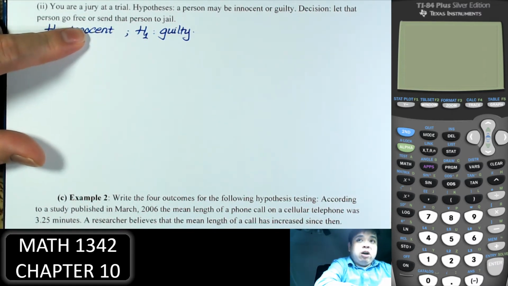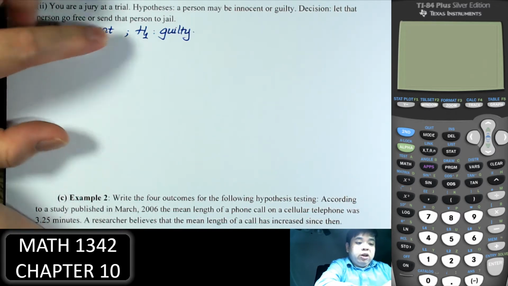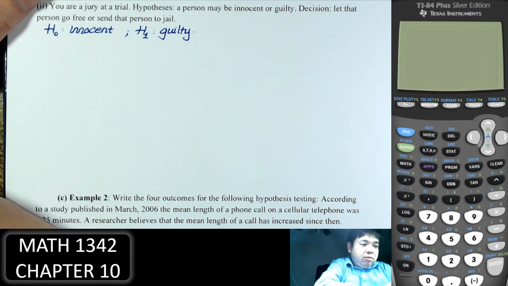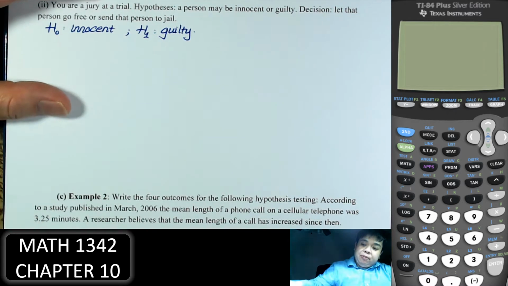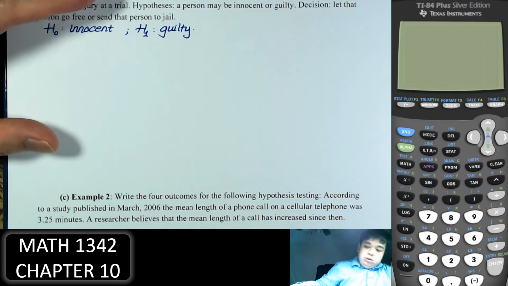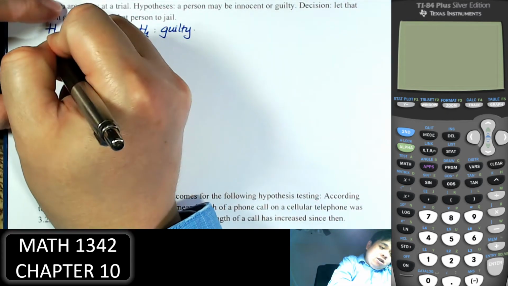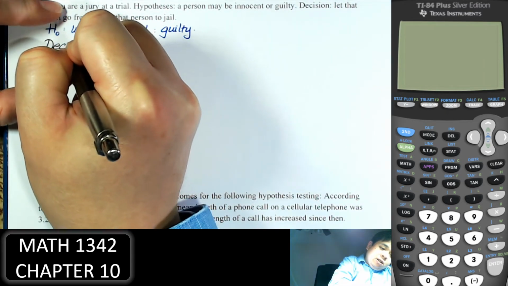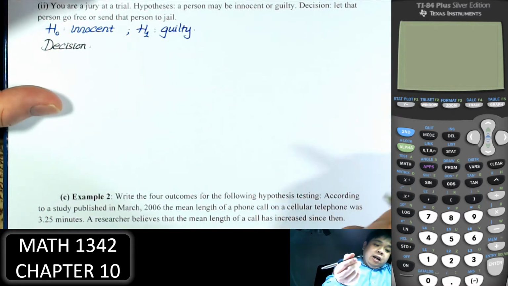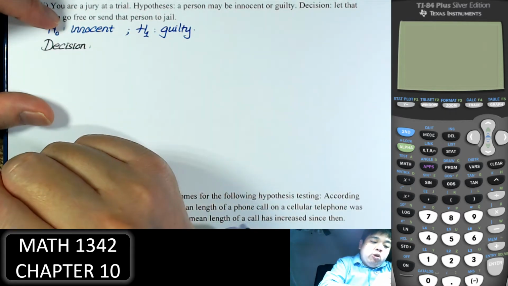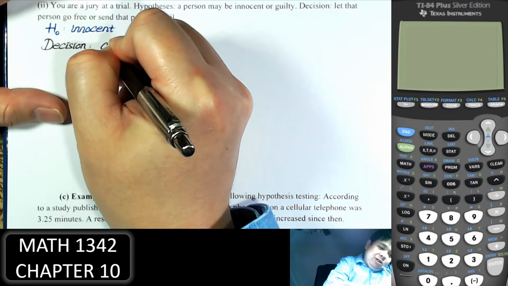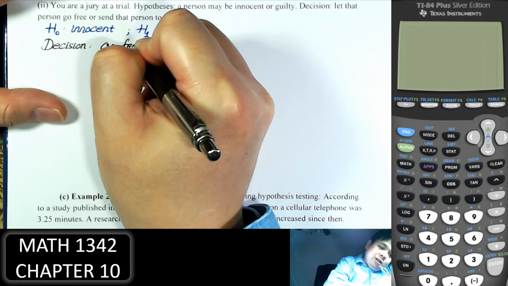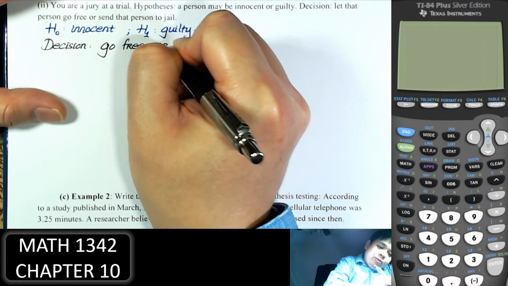The person at trial doesn't have to prove anything. The burden of proof is on the prosecutor to show that the person is guilty. Right, so that's the first part. And then the decision is to let the person go free or send that person to jail.